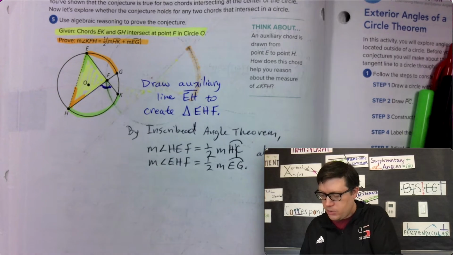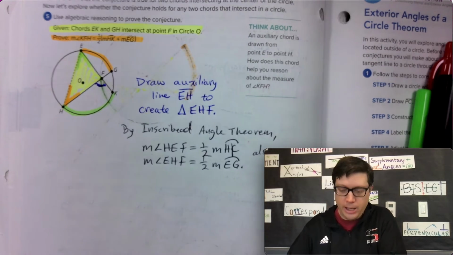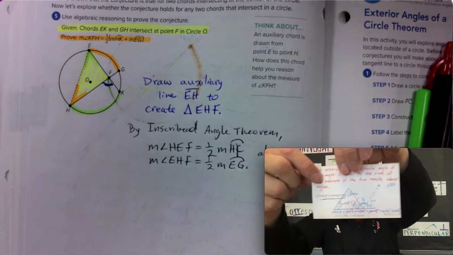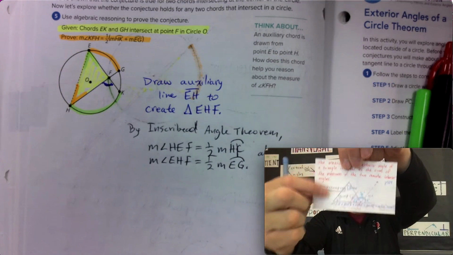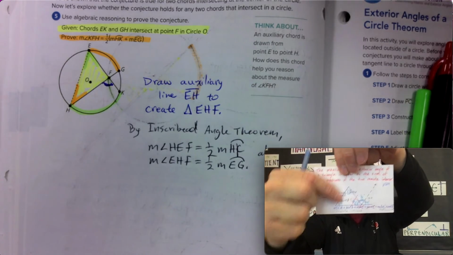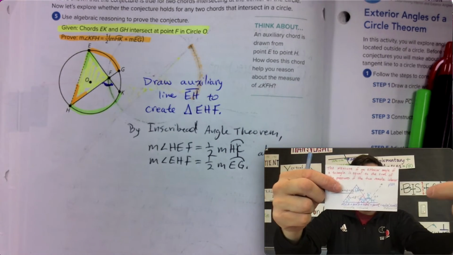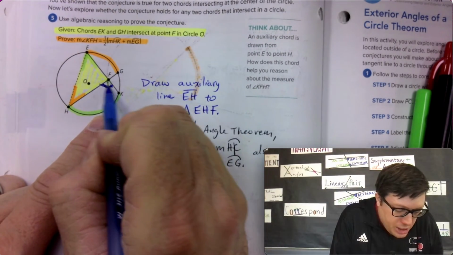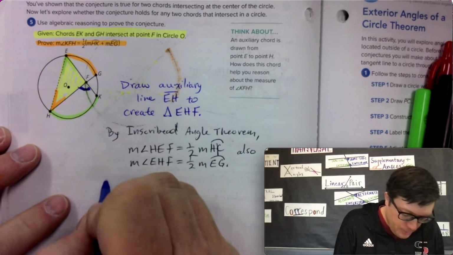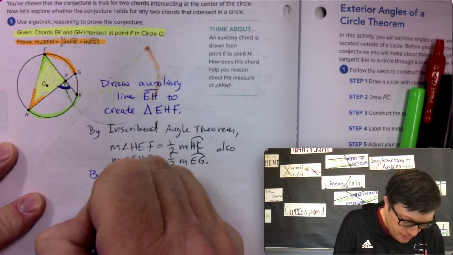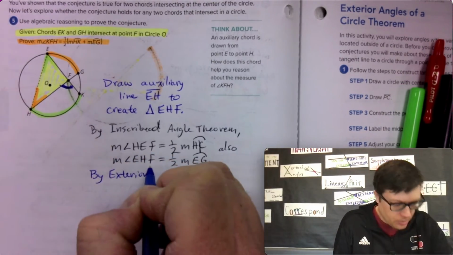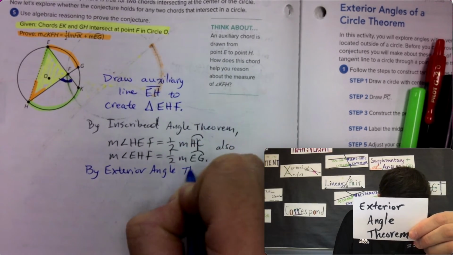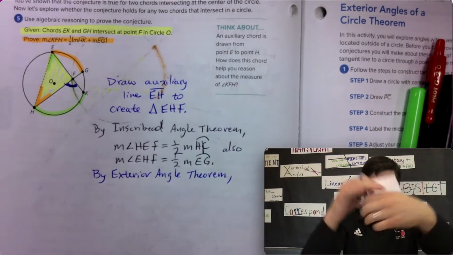Okay, by the exterior angle theorem, finding it out of my pile here, by the exterior angle theorem, if you have remote interior angles, right here, you have remote interior angles on a triangle, then when you add them together, it'll be the same as the exterior angle. And in this problem, HFK is an exterior angle. So I'm going to say, by the exterior angle theorem, then I'm going to say what that is.